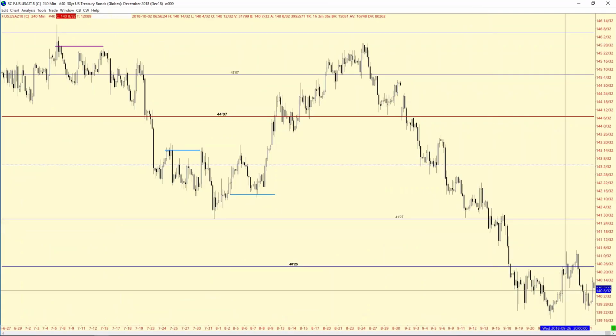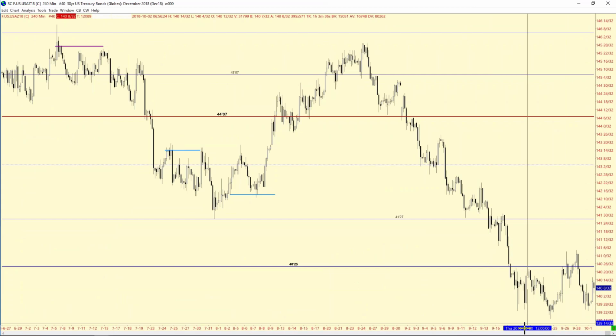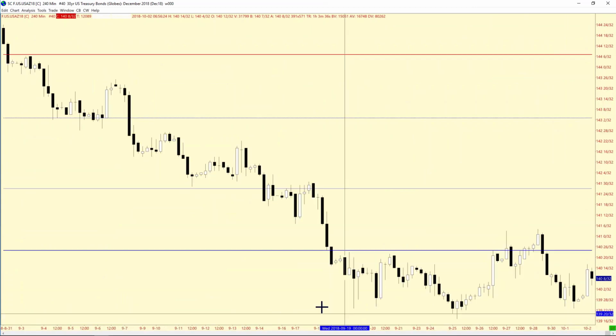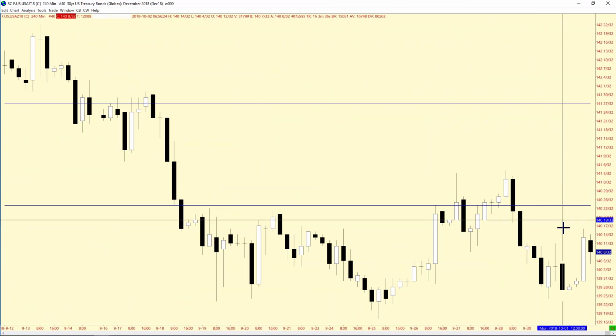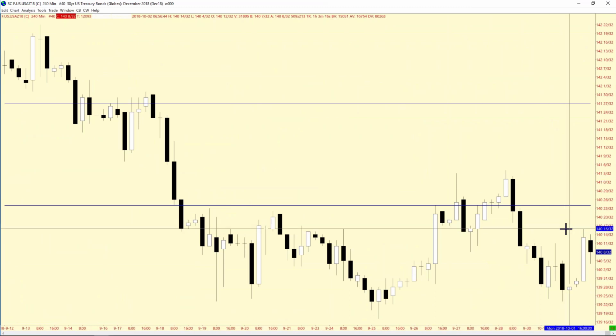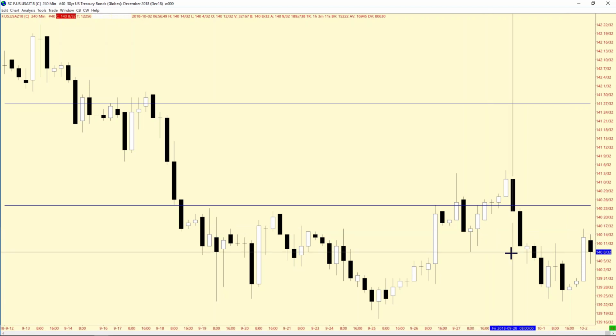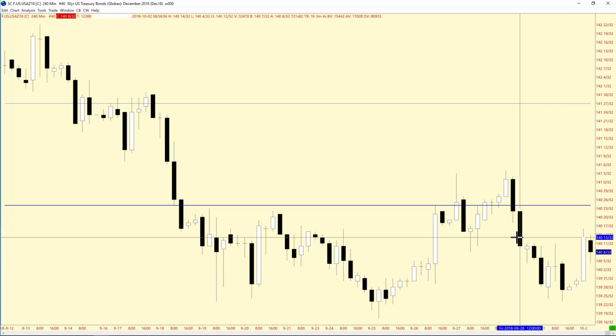Let's take a look here. Well, looks like that held the market so far. There's the 40.15, and the high's been 40.16, and now we're at 40.08, and the low's been on this bar 40.04. So not bad there either.